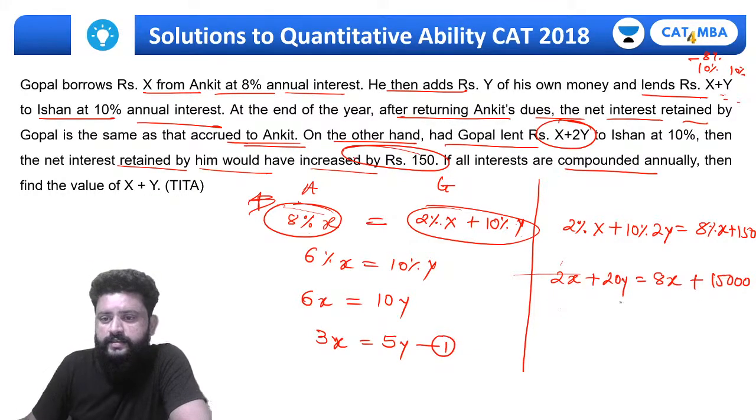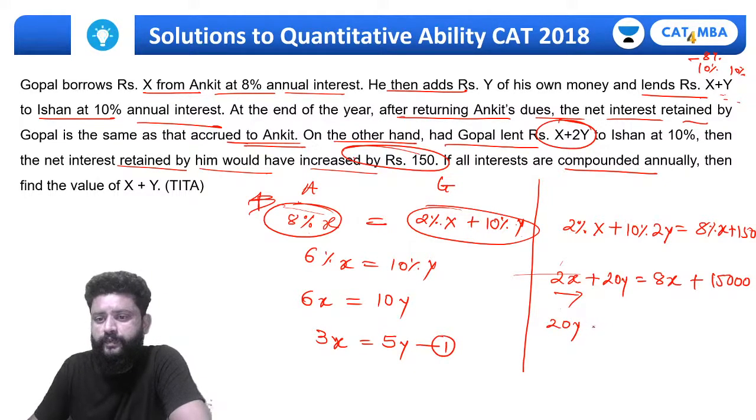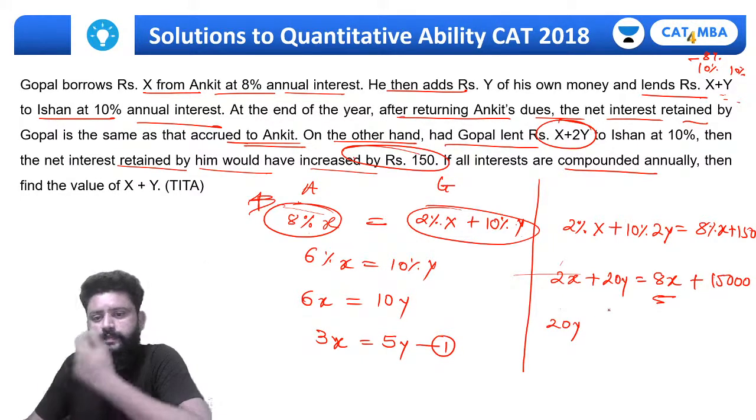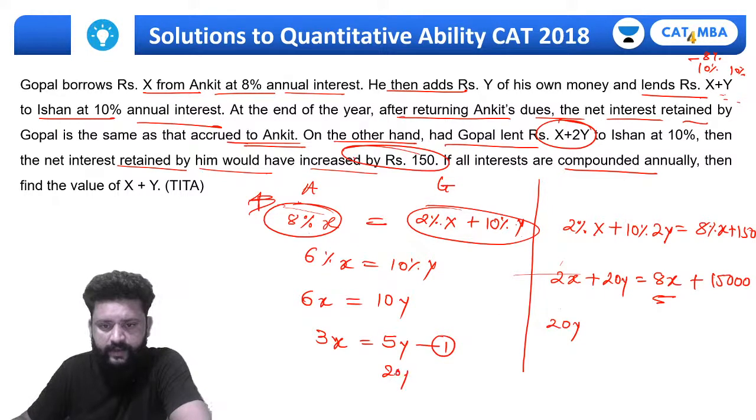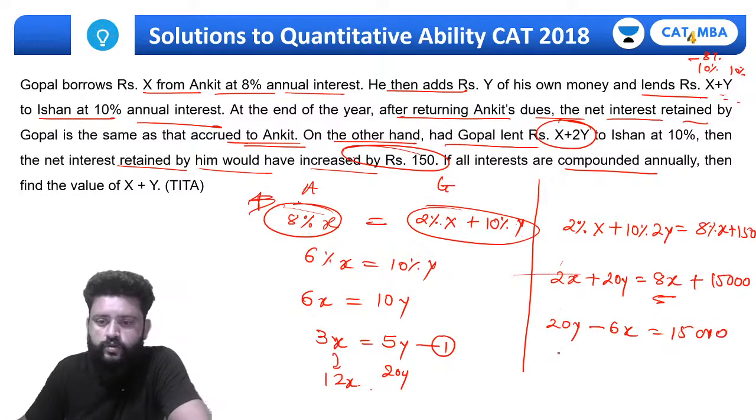Then you can get 8x or 2x there, 20y, plus 20y, nothing but 12x. So 12x minus 6.